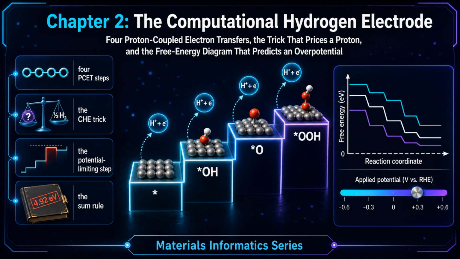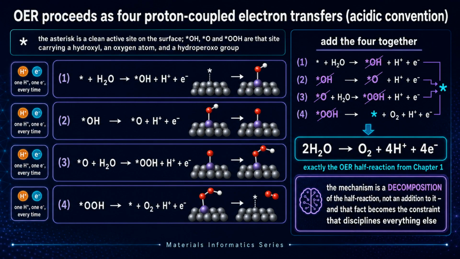Oxygen evolution on a surface does not happen in one concerted event. It proceeds through proton-coupled electron transfers, each removing 1 proton and 1 electron and leaving a different oxygen-containing species bound to the active site. Write an asterisk for a clean site. Step 1.